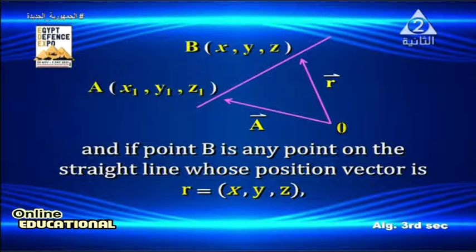Remember, the 2 points A and B belong to the straight line, A vector is OA vector, R vector is OB vector.